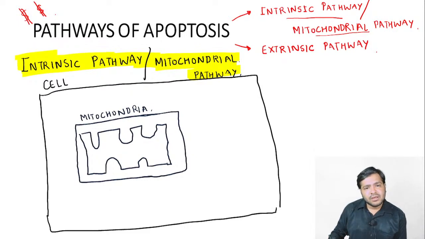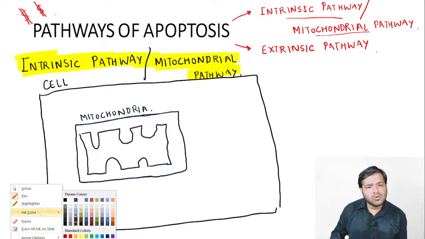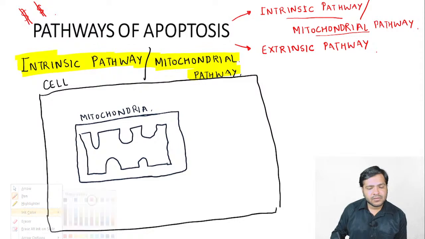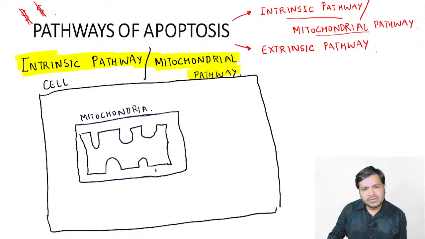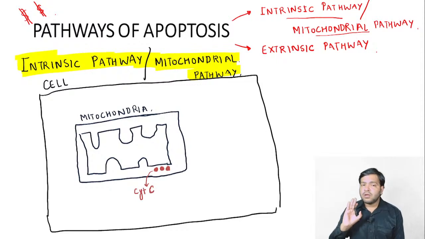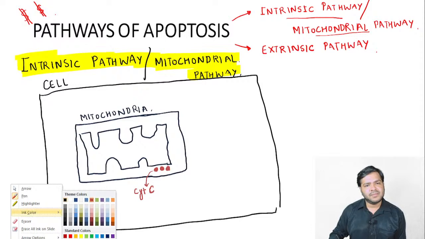Now guys, remember, you already know that mitochondria contains cytochrome C. Normally, a cell contains mitochondria, and in the mitochondria, you will find the cytochrome C. Now, this cytochrome C doesn't come out in the cell.